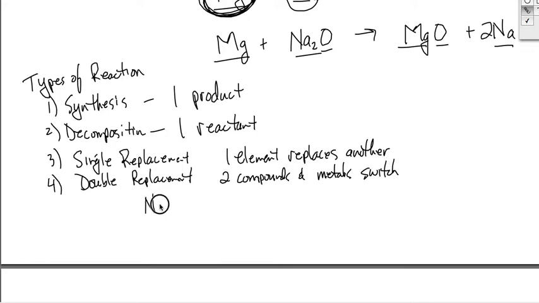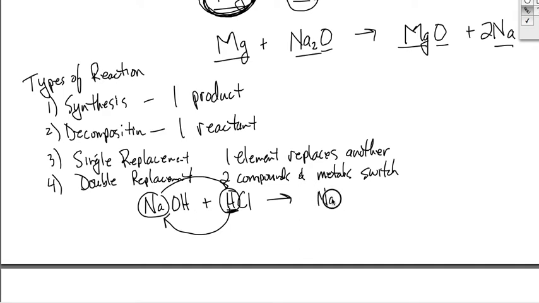That would be like if I had something called sodium hydroxide and hydrochloric acid, and now the hydrogen is not a metal, but it's acting like a metal, but you'll notice that the first part of these 2 compounds, they're going to switch places. And what's going to happen, we're going to get sodium chloride, which is salt, and the H and the OH come together, and that's just water.